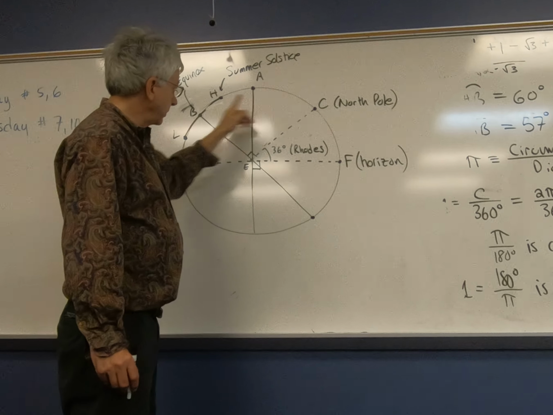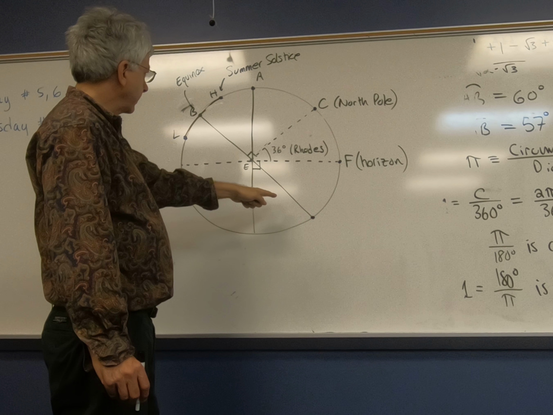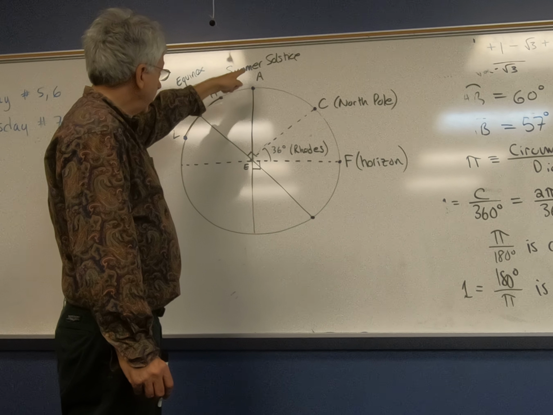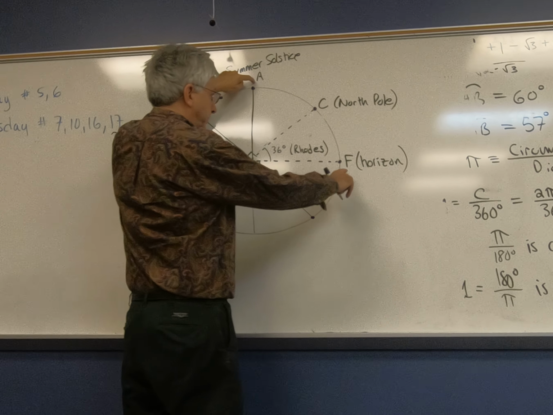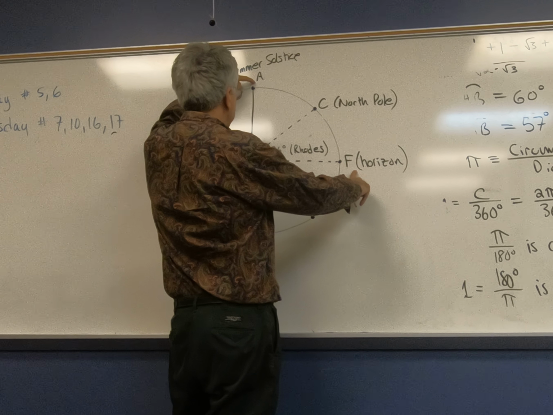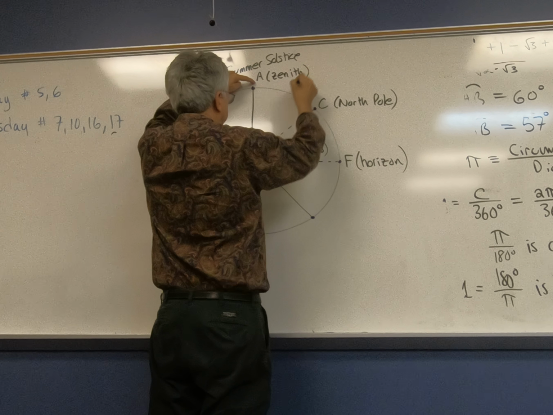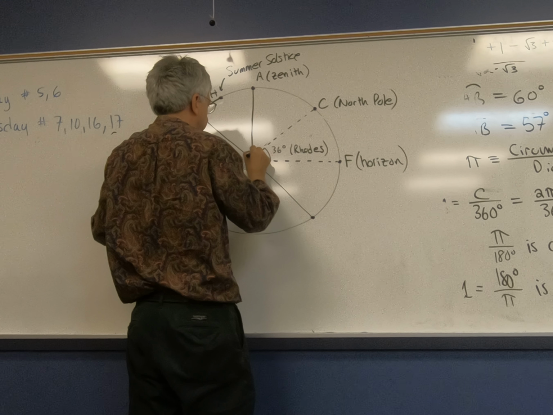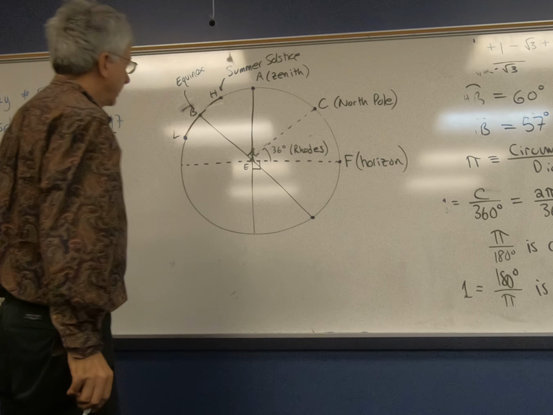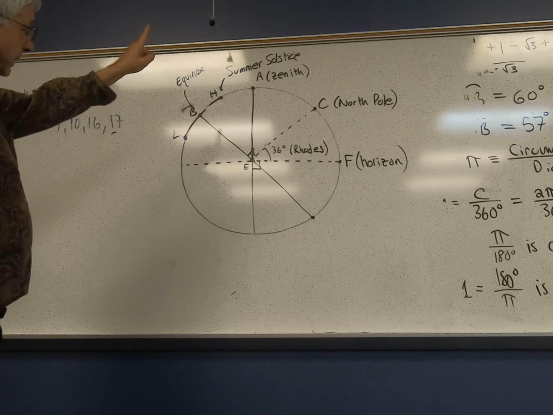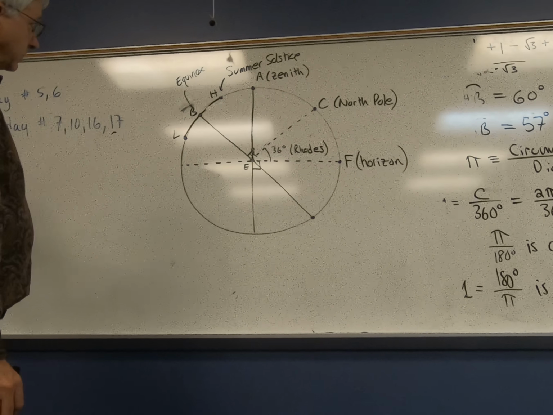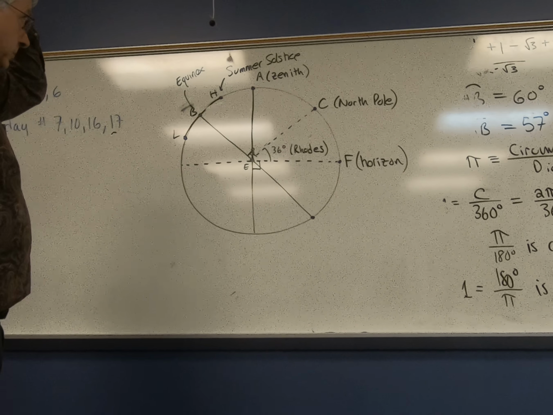So the North Pole and the equator meet at a right angle, and then your zenith is perpendicular to the horizon, right? So A is the zenith, that's the point directly above your head if you're standing on the Earth. So you're like here, standing on the Earth, right? And the zenith is directly above, and the horizon extends horizontally, perpendicular to the zenith.